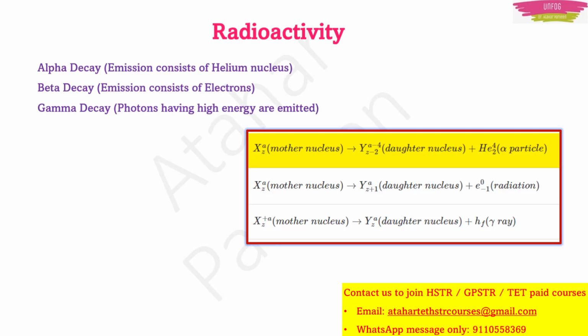That's why the remaining nucleus is known as the daughter nucleus. Basically, the mother nucleus after radioactive decay will give you one daughter nucleus along with helium. This helium will have mass number 4 and atomic number 2. This helium is known as an alpha particle.